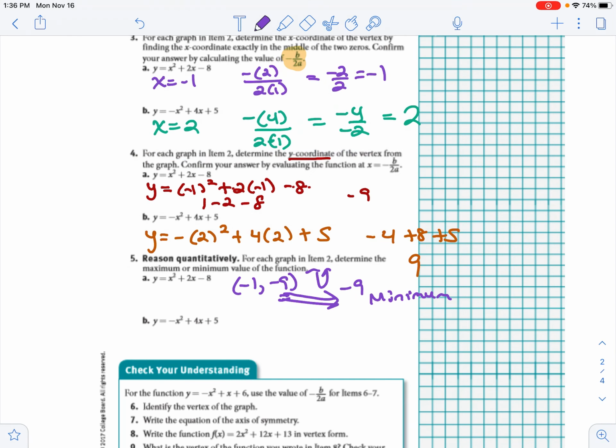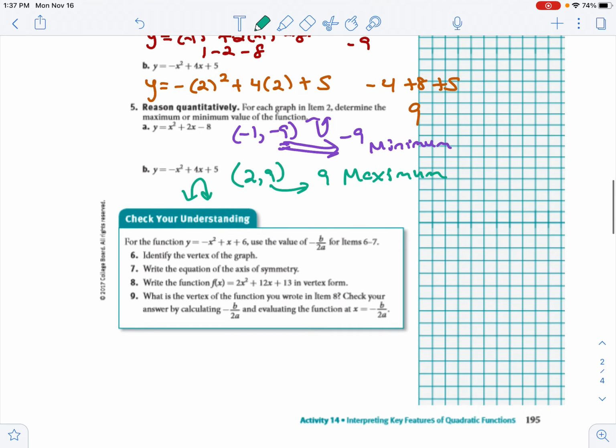And in the second graph, we have a vertex of 2, 9, and this time the graph is upside down, so that 9 is going to be a maximum or a high point of the graph. So where the x value is your line of symmetry, your y value is going to be your minimum or your maximum for the graph.